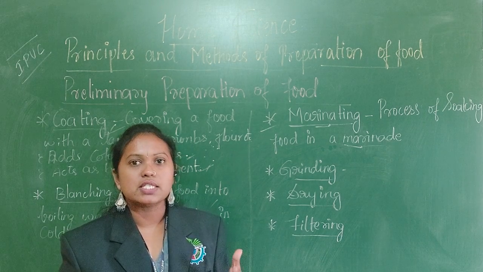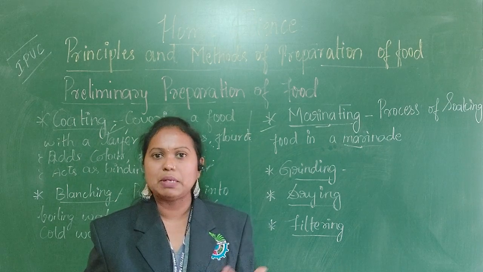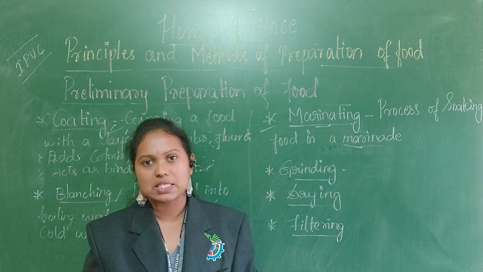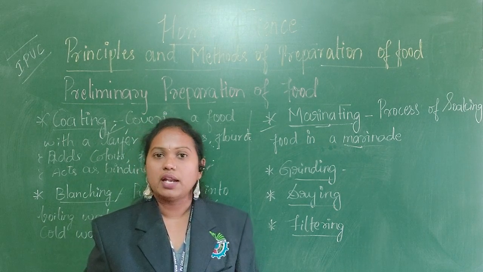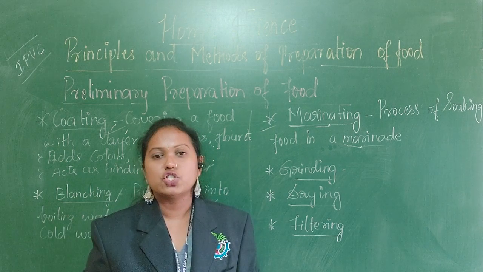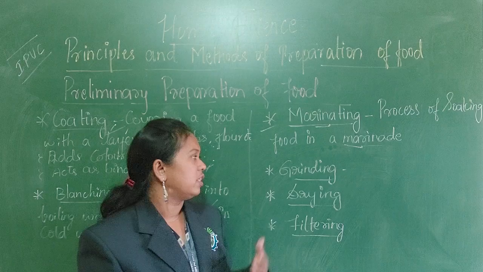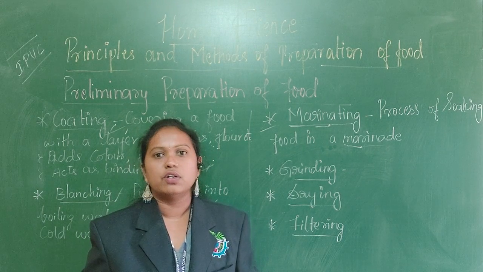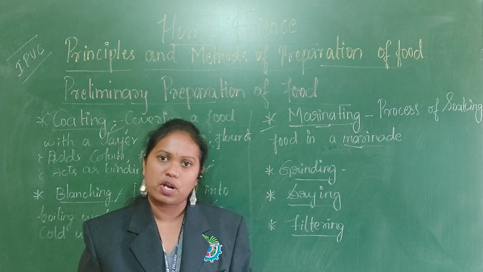Special equipment is available to grind different kinds of food. For example, meat grinder for meat, coffee grinder for coffee beans and pepper mill for grinding peppercorns, and the food processor which is used to grind many kinds of foods.